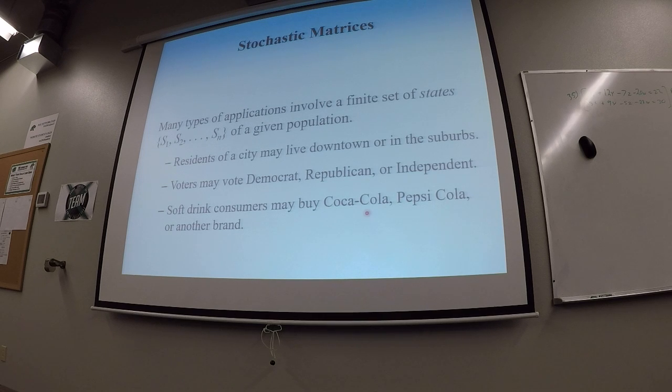People might buy Coca-Cola, Pepsi, RC, different brands. Each one of those is a different state. It can be how many people are living in Washington state, how many people are in Idaho state, but state doesn't mean state, it means just an area.